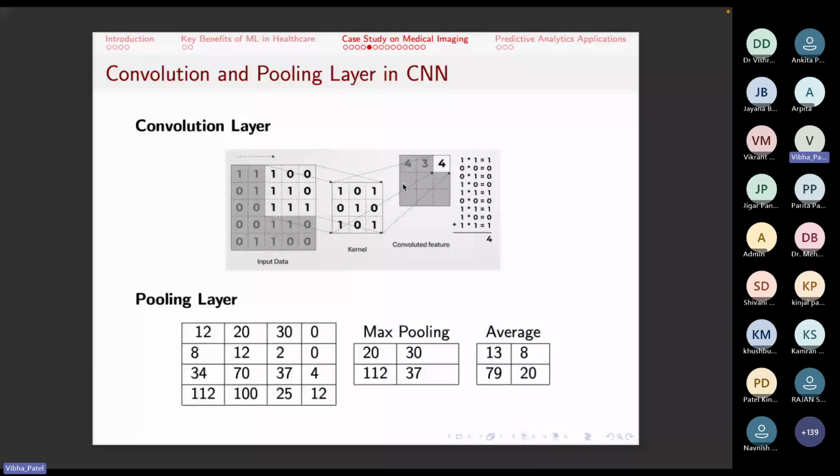You'll see that a 2 cross 2 matrix has been generated from a 4 cross 4 matrix, wherein you take independent submatrices from the complete matrix, take the max value, which is the max feature from the 4 cells, and place it as a distinctive feature. The same has been done for all the 2 cross 2 blocks residing in the original feature space that has been created by the convolution.